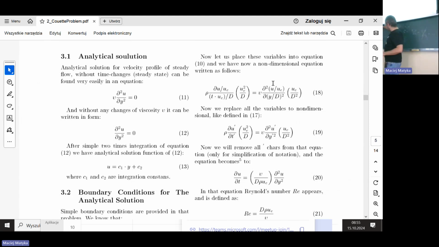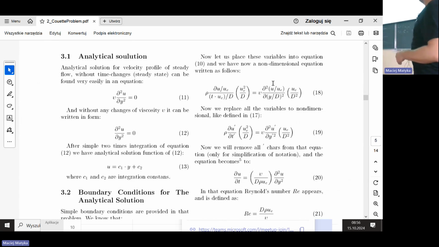If this top wall is moving in time, then the final solution will be steady, meaning there is no time derivative, because there is nothing to be changed. Because if this is constant, then the equilibrium solution to this problem is such that this will no longer be changing. There will be, let's say, friction on the bottom wall, and there will be constant velocity here. So there is no momentum put into the system.